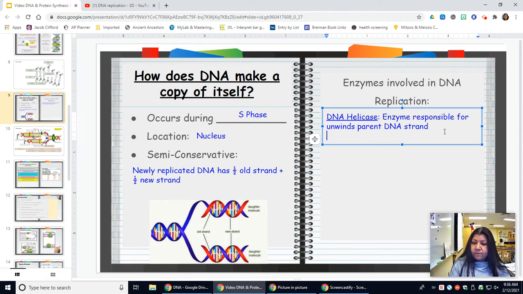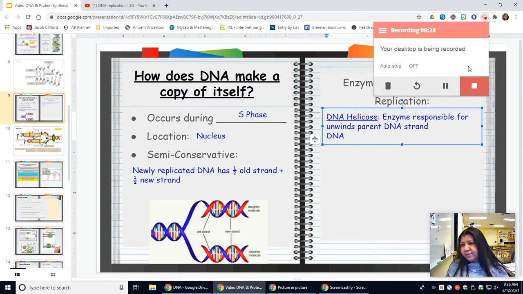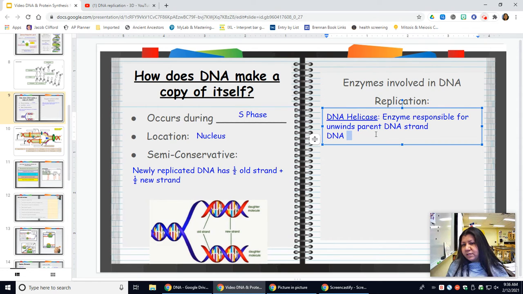We also have DNA polymerase, sorry. This is the enzyme that adds on free nucleotides.